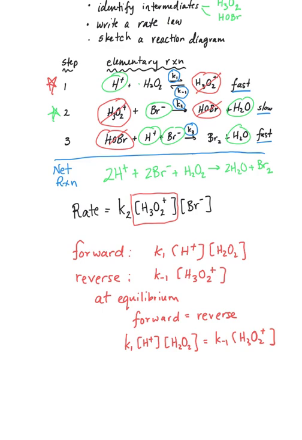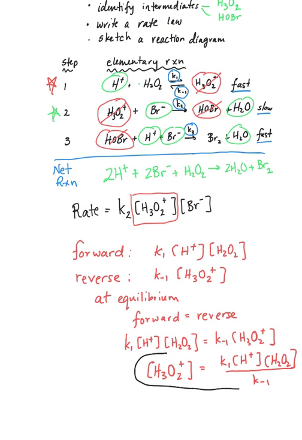We can rearrange this expression and solve for H3O2 plus concentration in terms of other things that we do know about. That's K1 times H plus times H2O2, all divided by K minus 1.